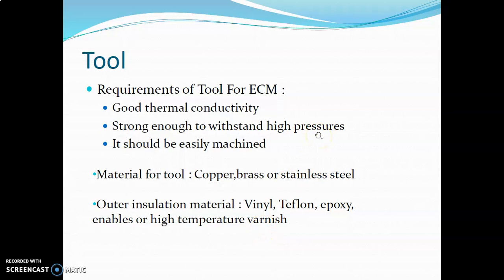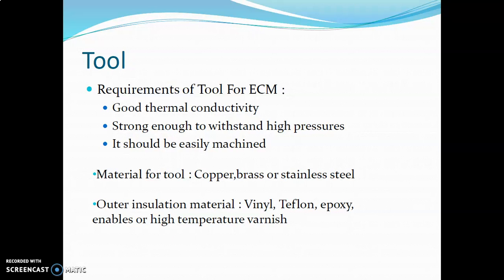And the next part is the tool. This is also very important. The requirements of the tool for ECM are good thermal conductivity, being strong enough to withstand high pressure, and being easily machined.